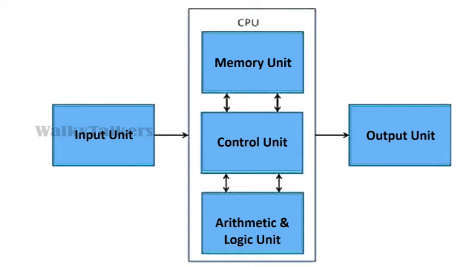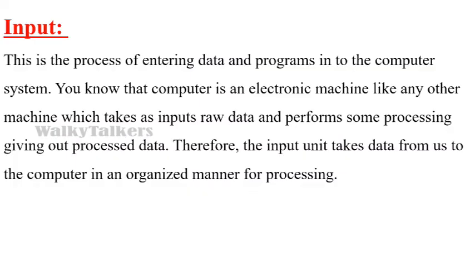Now, after understanding this diagram, we have to learn some terms which are related to a computer. The first word is input. In the earlier diagram, we saw an input unit. Input is the process of entering data and programs into the computer system. A computer is an electronic machine like any other machine, which takes raw data as input and does some processing, giving out processed data. Therefore, the input unit takes the data from us to the computer in an organized manner for processing.